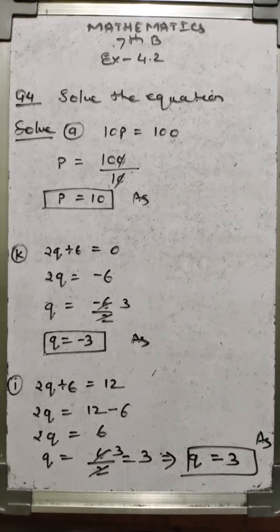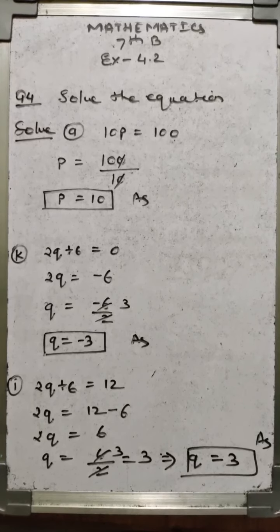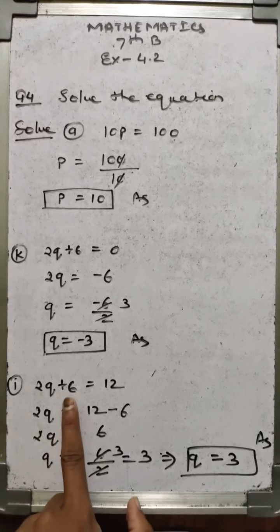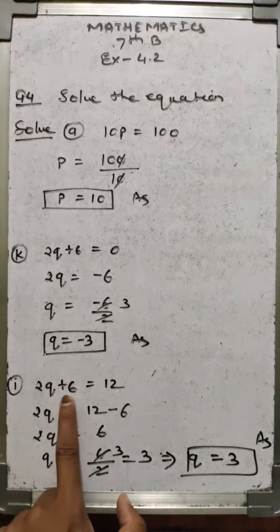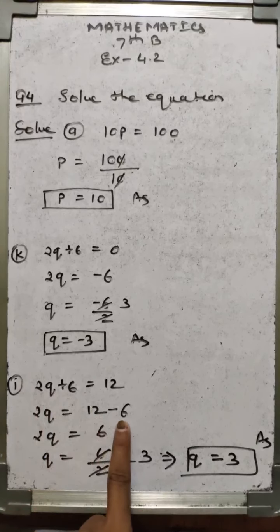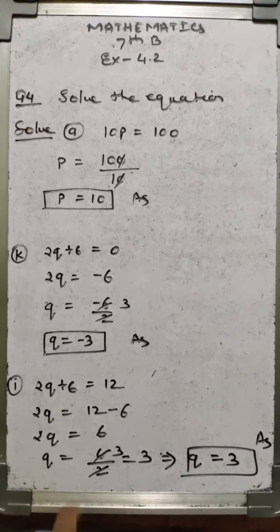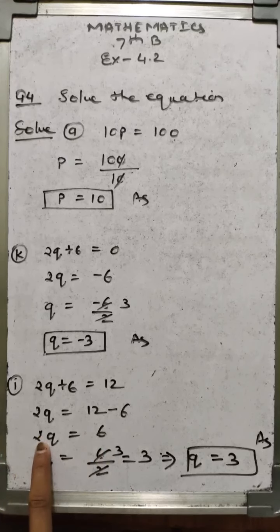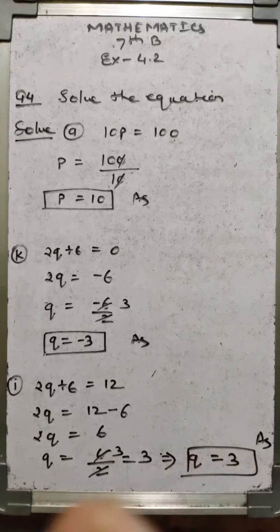Before that, solve addition, subtraction, and division. See what we did here, we first solved addition. This 6 is in addition with this variable 2q, so we first solve this 6, then make 2q alone. Then after solving all this, we separate q from 2 like this. I hope you understand how to solve these equations.